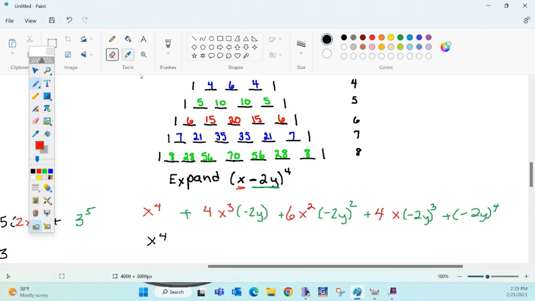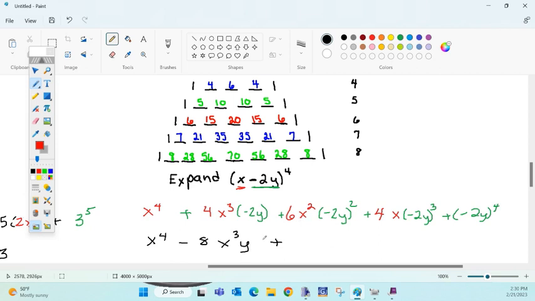Negative 8x to the third y. If we do 4 times negative 2, that gives us negative 8. We have an x to the third, and we have a y as part of it as well.